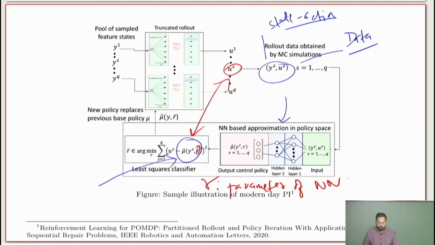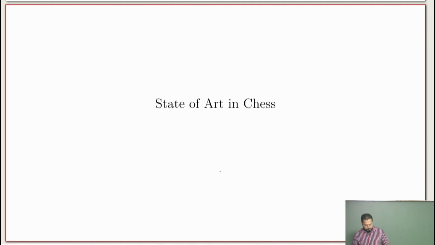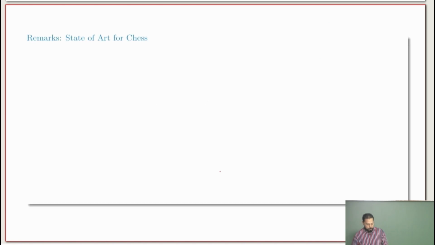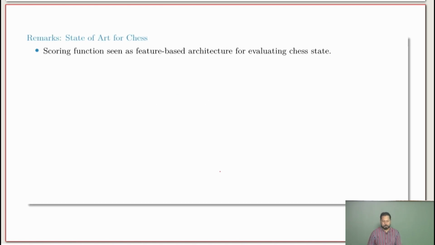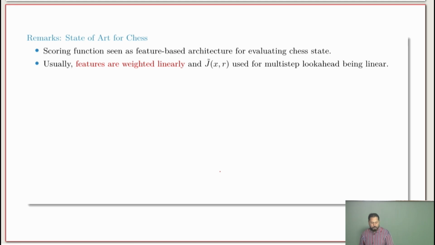So this is what we mean by approximations, right? We were looking into chess and what kind of approximations they might be doing. In classical chess they built a scoring function, which could be seen as a cost. Here they had some handcrafted features which were weighted linearly.